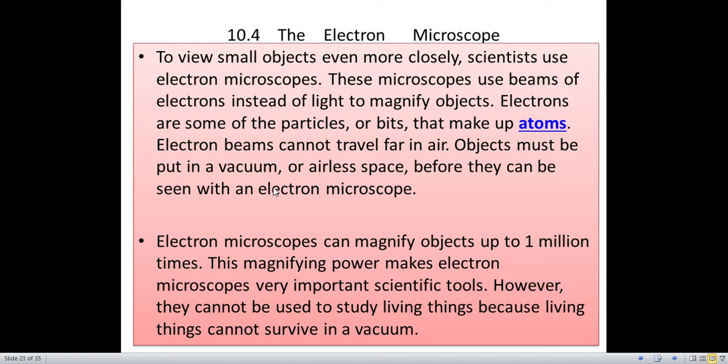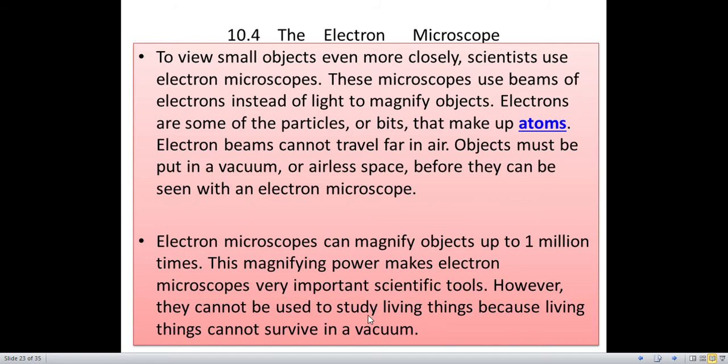Vacuum is a place. It's an airless space before they can be seen with an electron microscope. Electron microscopes can magnify objects up to 1 million times. This magnifying power makes electron microscopes very important scientific tools.